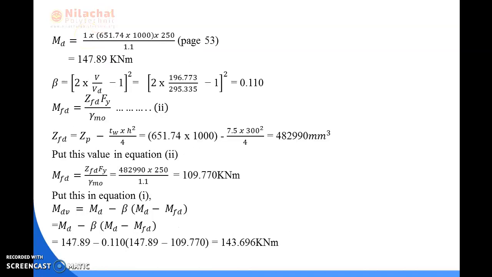ZB value is 651.74, and by converting it into mm cubed we multiply by 1000. Fy is 250, gamma m0 is 1.1, and this formula is given on page number 53 in IS code 800-2007. Hence, the MD value we got is 147.89 kilonewton meter.